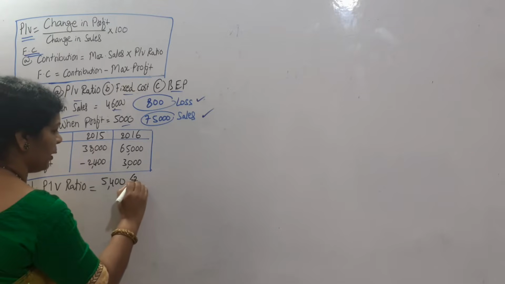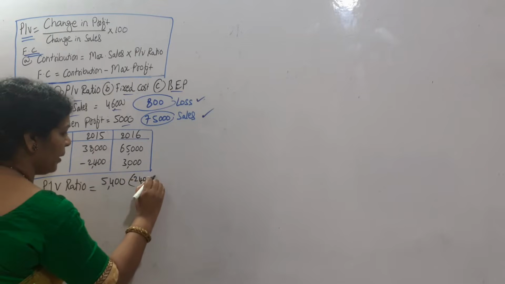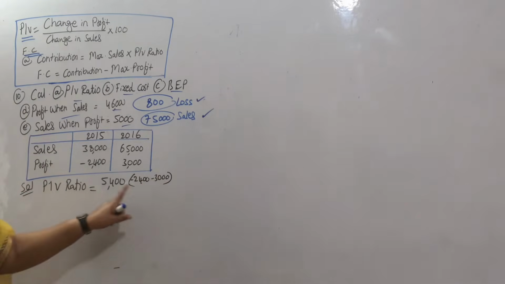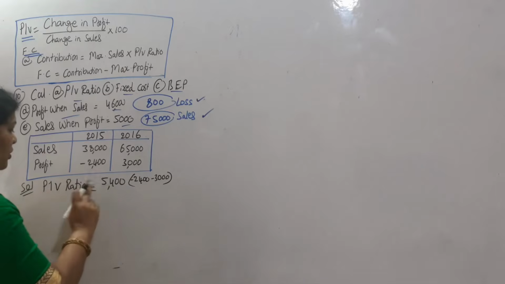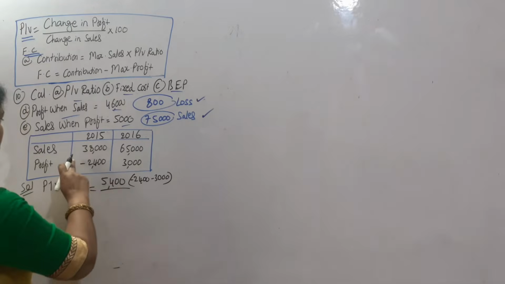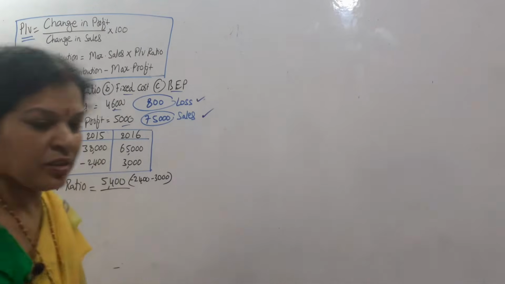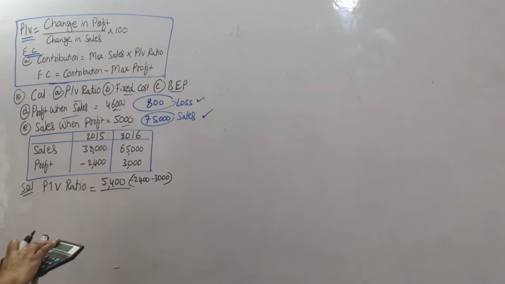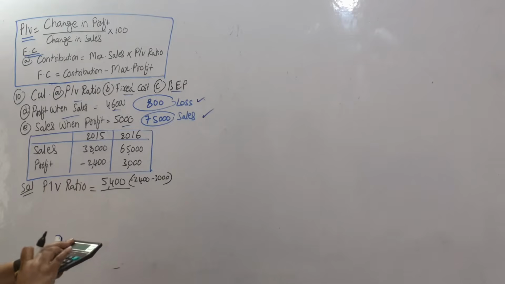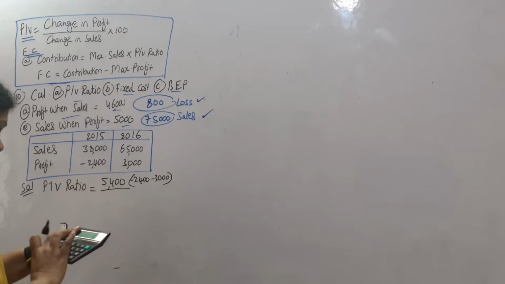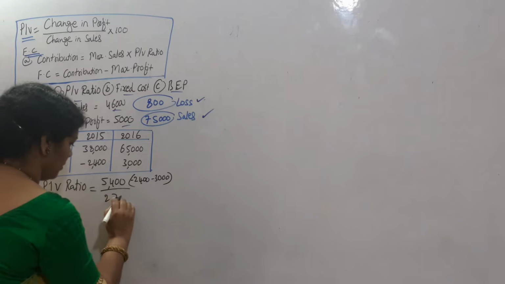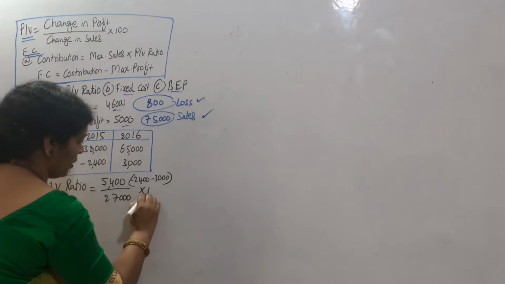How did you get it? 3000 minus of minus 2400, minus into minus comes to plus. So that is why you got this much. PV ratio is change in profit by change in sales. This sales, 65,000 minus 38,000, is 27,000, into 100.